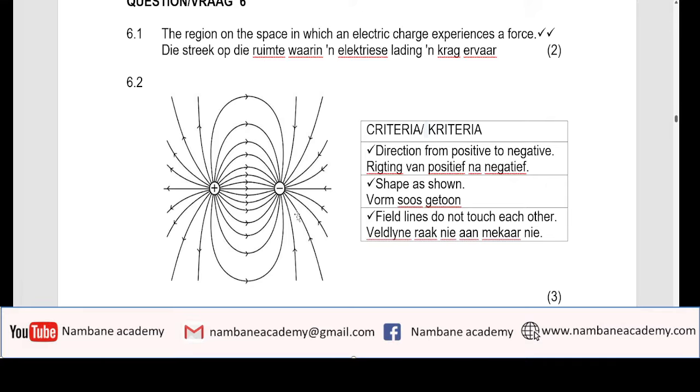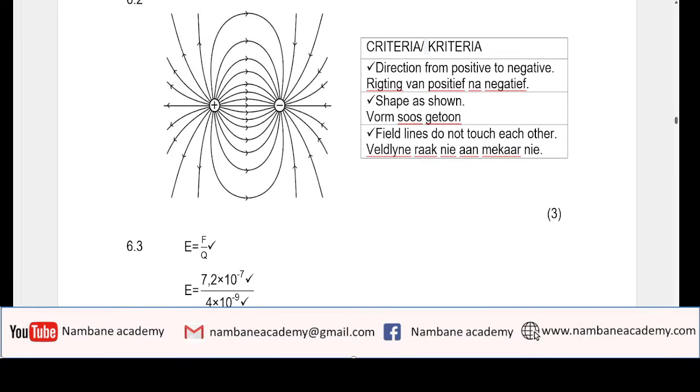Question 6 says two charged spheres with a charge plus 2 nanocoulomb and minus 4 nanocoulomb are shown in the diagram below. The electrostatic force between the two spheres is 7,2 times 10 to the power of minus 7 newtons. The diagram has also been given as a sketch, and the question starts as follows. 6.1, define electric field, which is the region in space in which an electric charge experiences a force, 2 marks. 6.2, draw the electric field pattern around A and B. We follow the marking criteria.